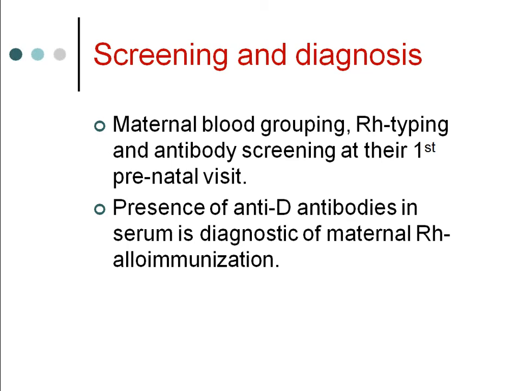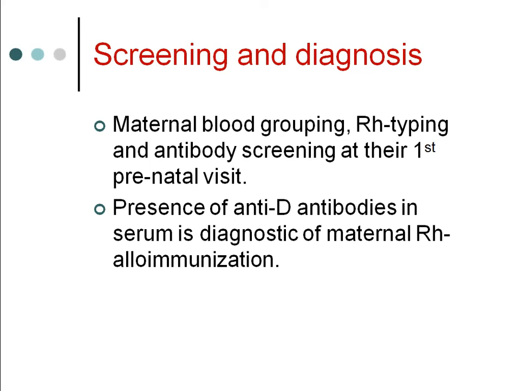But if the father is Rh positive and mother is Rh negative, there are chances that the baby may be either Rh positive or Rh negative. So as I said initially, if the father is heterozygous for RhD, then there are 50% chances that the baby is either Rh positive or Rh negative. But if the father is homozygous, that means both the genes are dominant, then the baby is bound to be Rh positive.